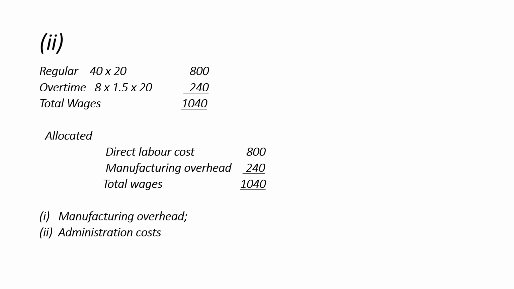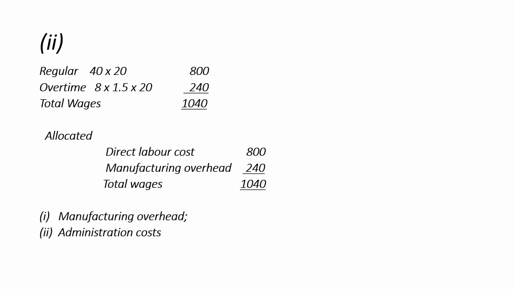In part 2, the regular hours is 40 by 20, that's 800. His overtime is 8 hours by 1.5 times $20, and that gives us 240. So his total wages are 1040, and we're going to allocate that as direct labor costs of 800, and manufacturing overhead, which would be the overtime here, of 240.